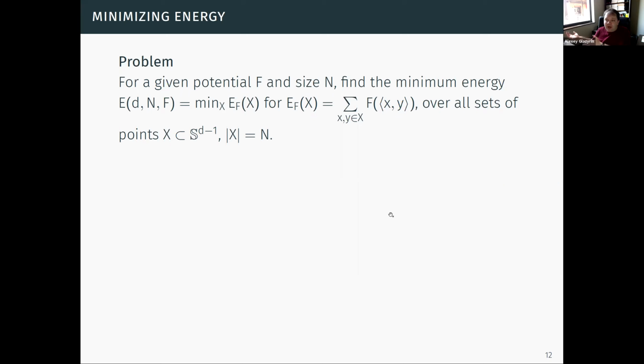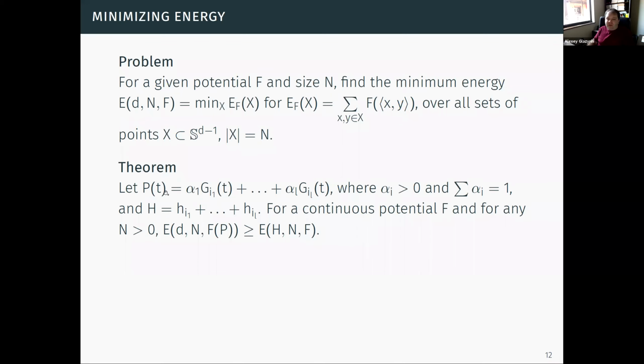So can we somehow use our tool here? Sure. If we have a positive combination of Gegenbauer polynomials, we can map there, and then the configuration that we get in the higher dimension using our map should not have an energy smaller than the minimal possible configuration in the higher dimension.